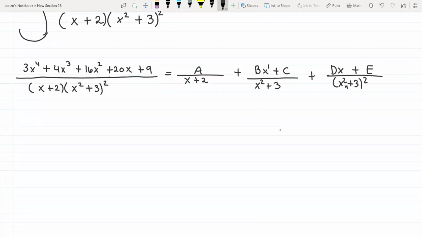Okay, so we're going to do it by multiplying all three sides by the LCD. So my LCD is x plus 2 times x squared plus 3 squared, and then multiply all three sides by that.